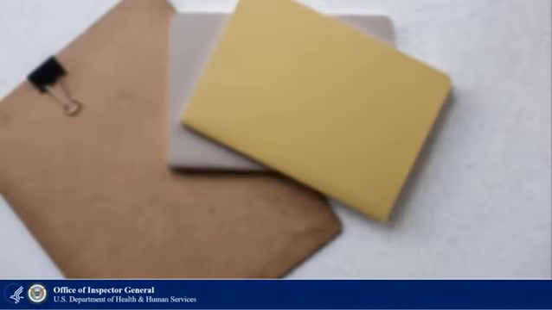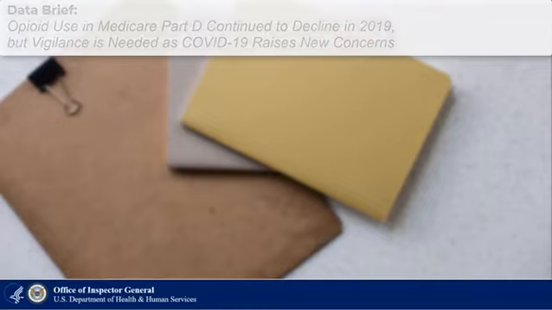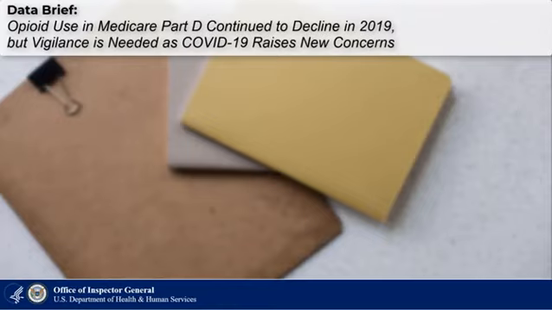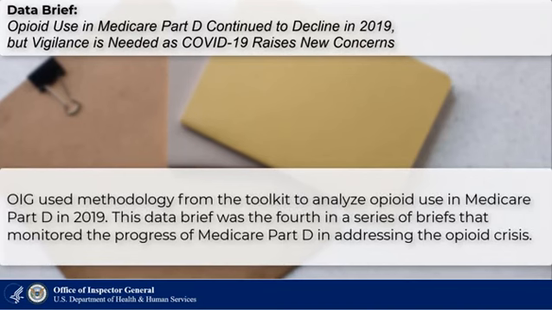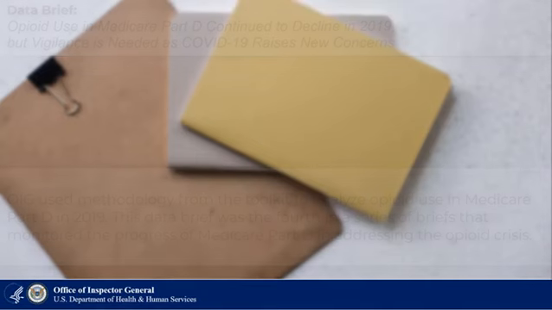To provide context around what the toolkit can do, I'd like to explore a recent data brief OIG published in August 2020. In the data brief, OIG used methodology from the toolkit to analyze opioid use in Medicare Part D in 2019. It was the 4th in a series of briefs that monitored the progress of Medicare Part D in addressing the opioid crisis.